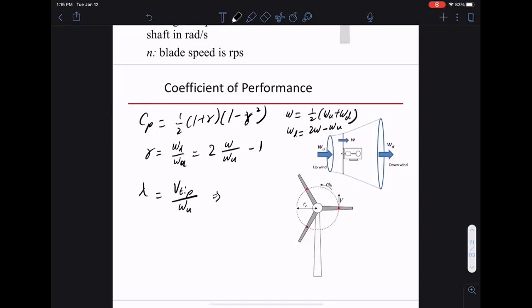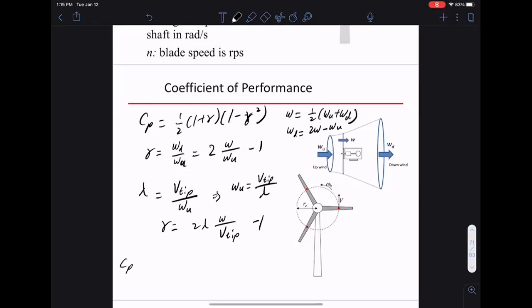So you can do another substitution, substituting W into this. What we get is gamma is now 2 lambda over V tip minus 1. This is just a straightforward substitution. You see WU, you substitute W equals V tip over lambda, and you get a function for gamma.